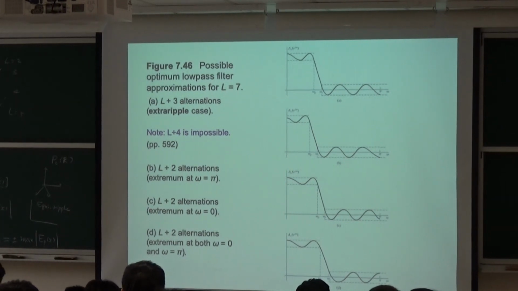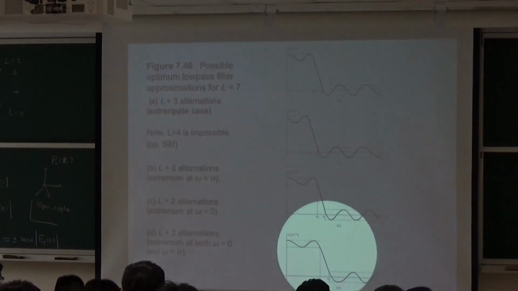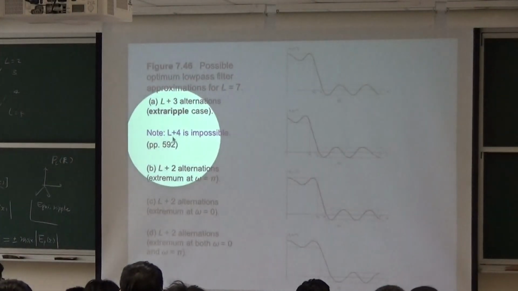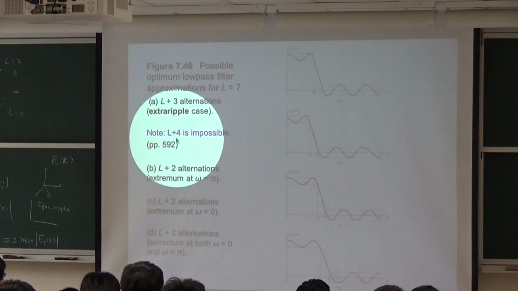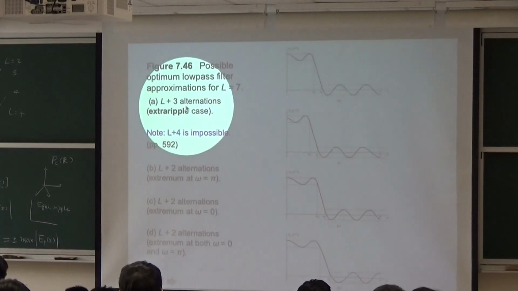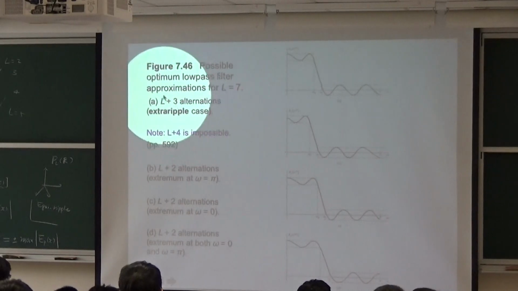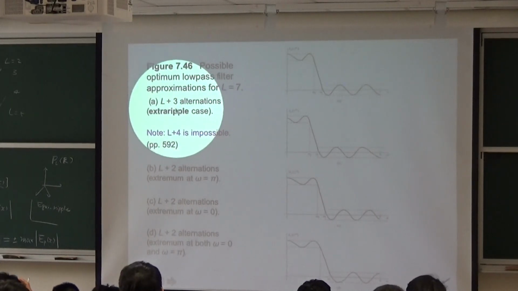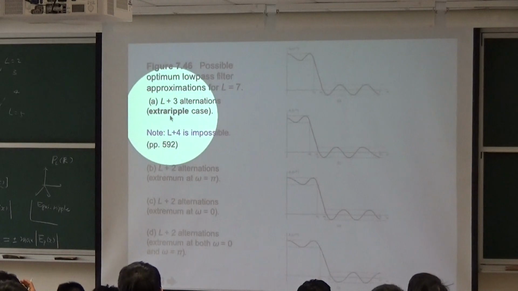It's kind of cool to mention that even though the theorem says at least L plus 2 alternations, sometimes we get L plus 3. That's an extra ripple. Sometimes we call these the L plus 3 extra ripple cases.